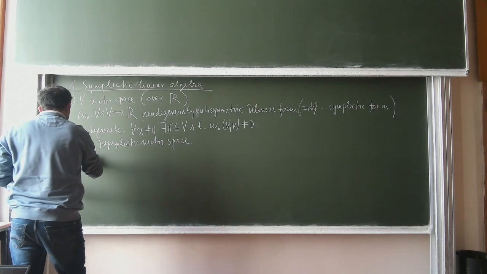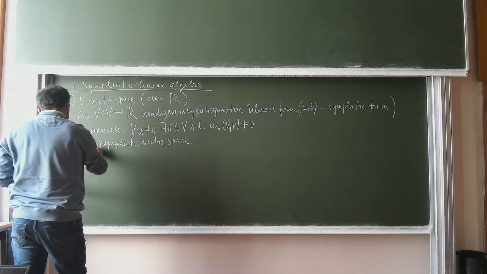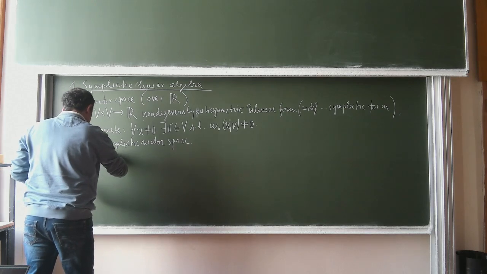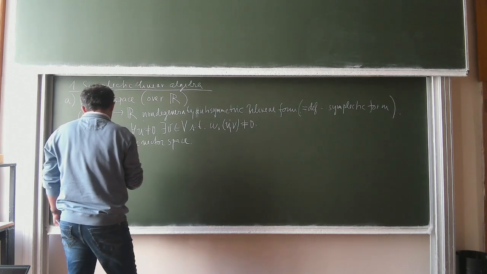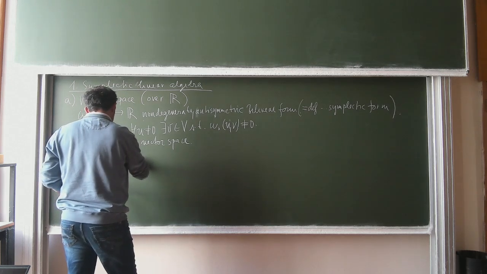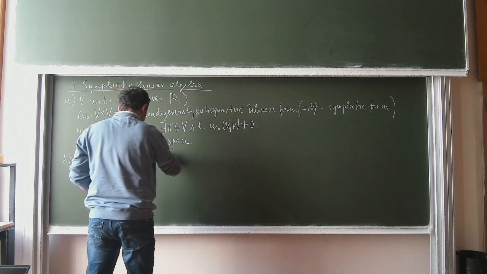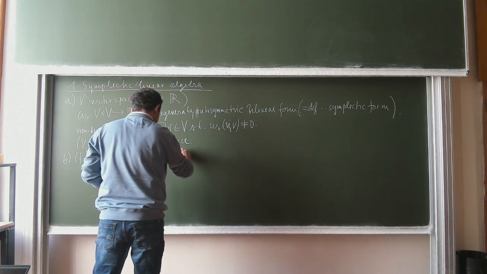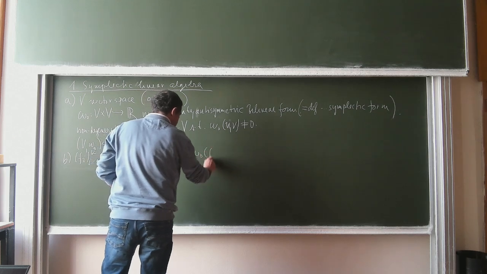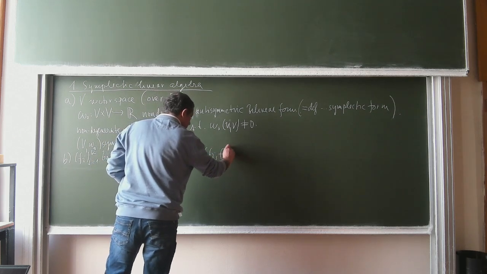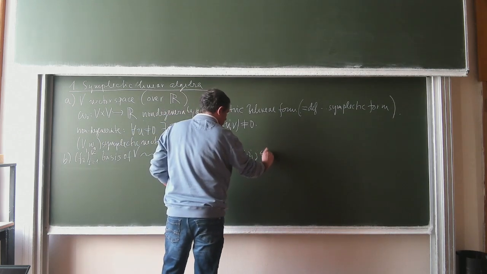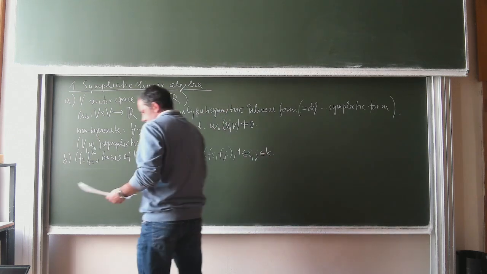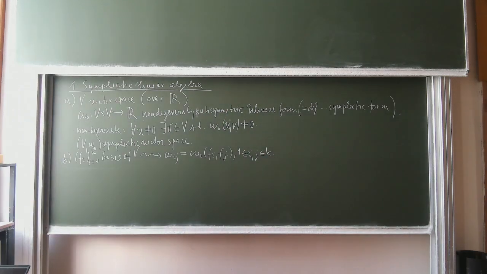Let f_i, i from 1 to k, be a basis of V. We associate coefficients, which are just these numbers, and we would like to compute omega ji.